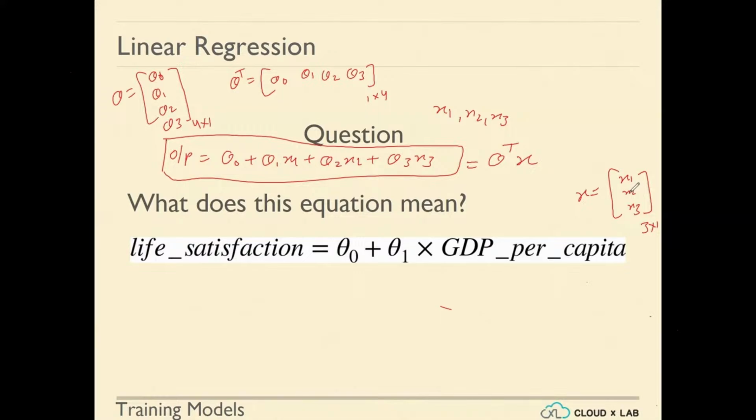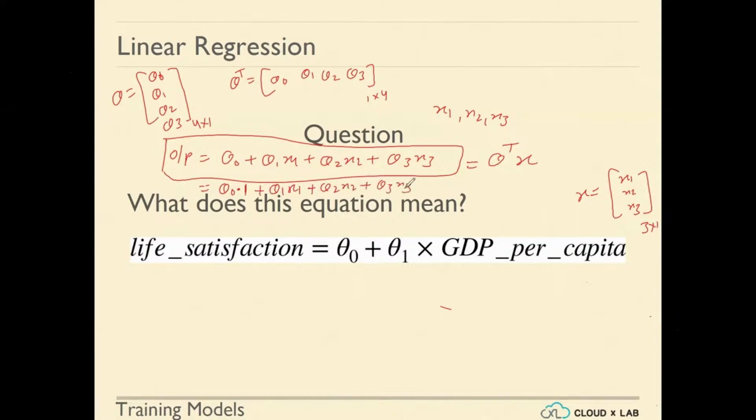So if you want to get the same equation here, what you can assume is that here we are having 1. You can write something like this: theta 0 multiplied by 1 plus theta 1 times x1, theta 2 times x2 plus theta 3 times x3, right?